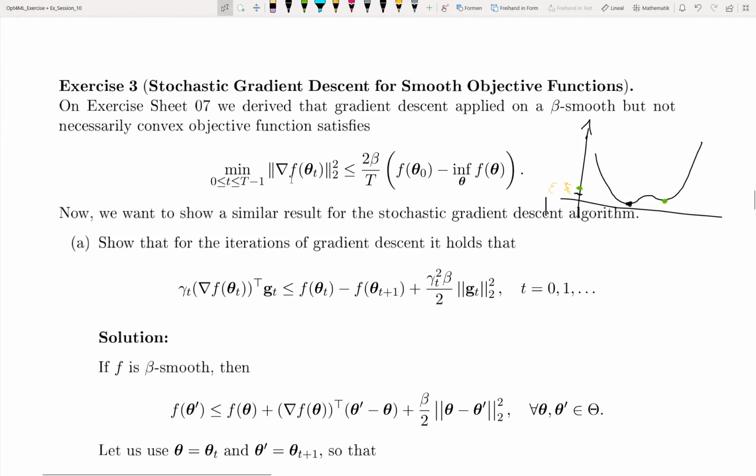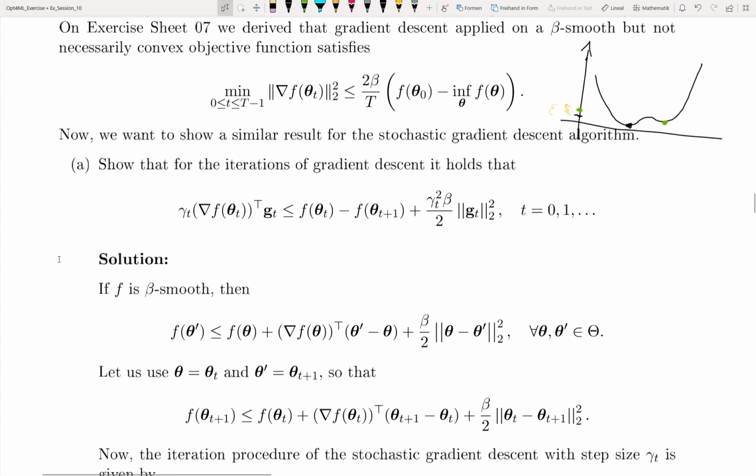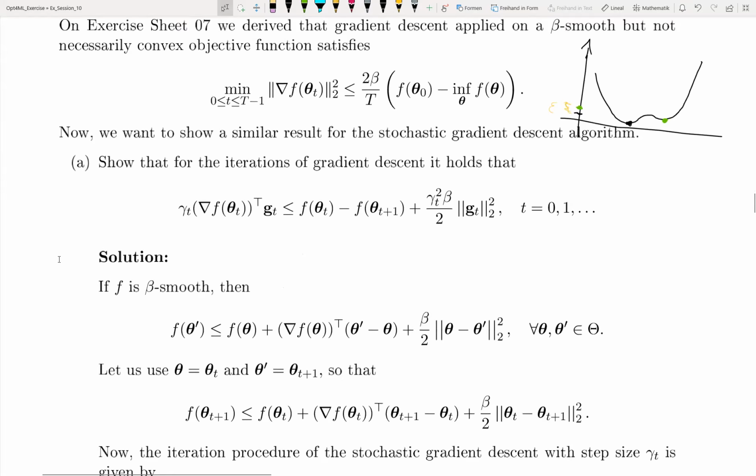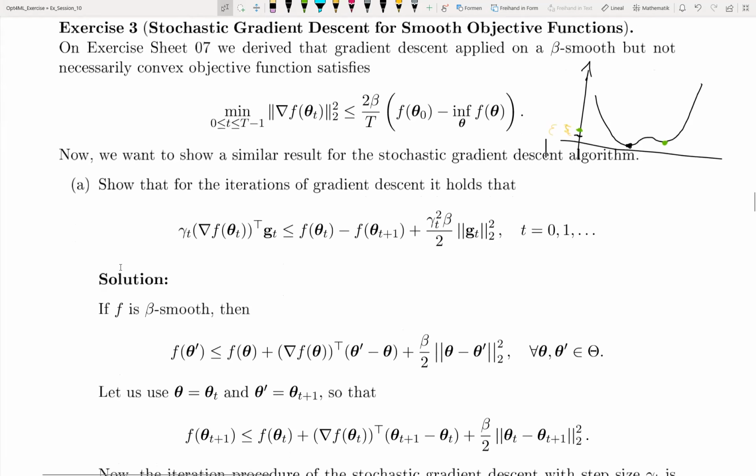All right, good. Then let's have a look at whether we can show something similar for the stochastic gradient descent. And it turns out, following the lines of derivation we had for the gradient descent, we can do something similar for the stochastic gradient descent as well.